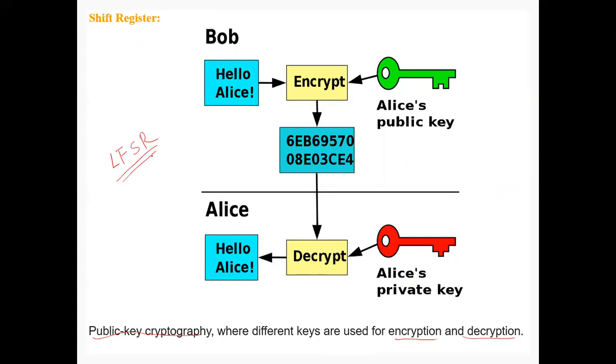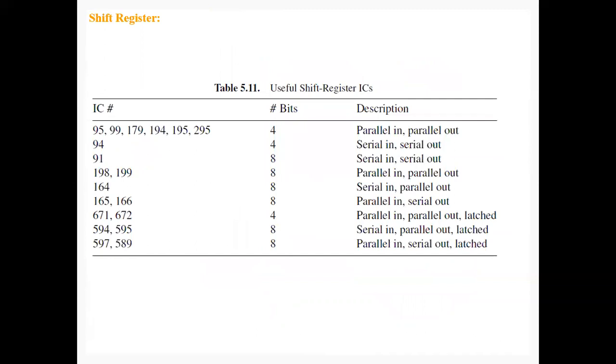This is the public key to encrypt, and this is the private key to decrypt, okay? So this is also a technology where LFSR is used. And these are the different ICs of useful shift registers. This is the IC number that could be found in the lab. These are the different IC numbers, and these are the different functions of those ICs.